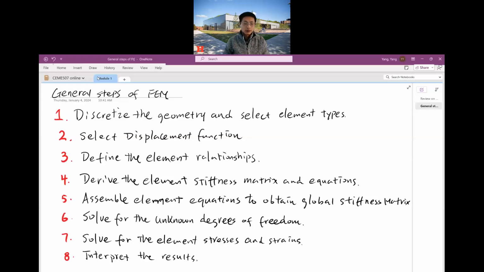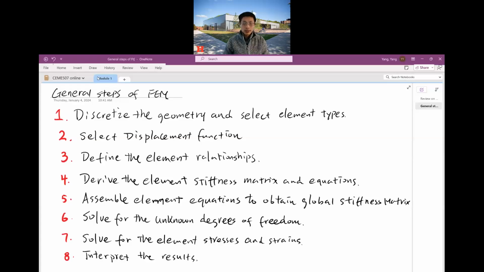So basically, for the first half of this semester, we will focus on the procedure and the theory of this finite element method, to make sure you develop some understanding and knowledge of the fundamentals and the principles.